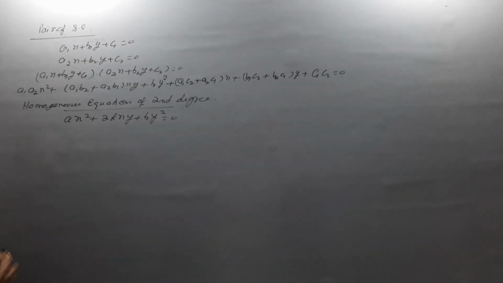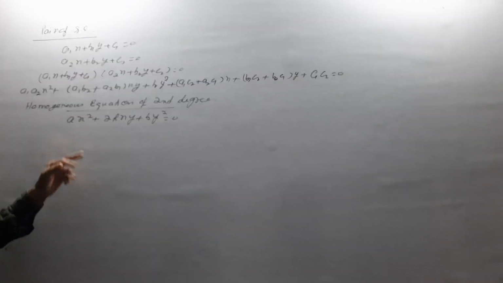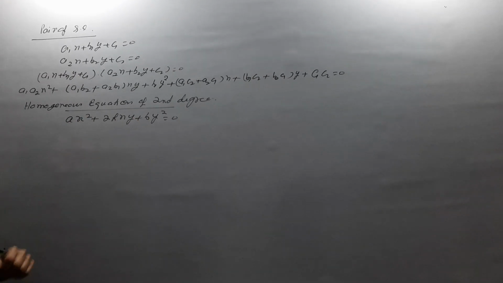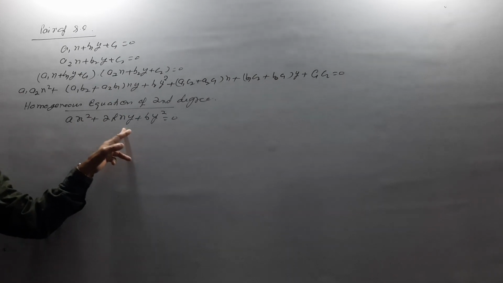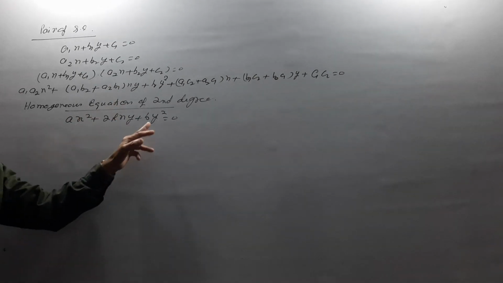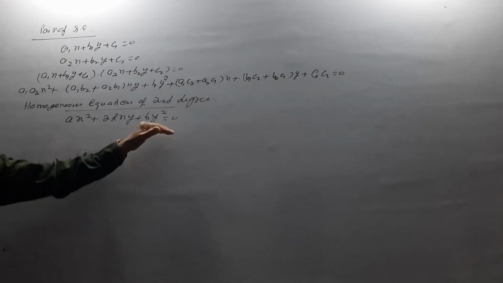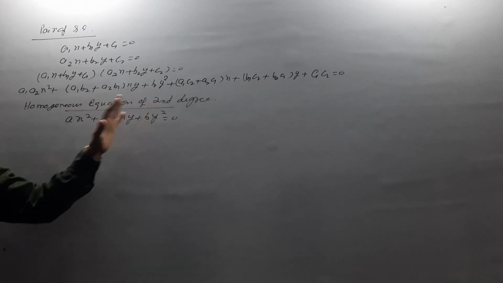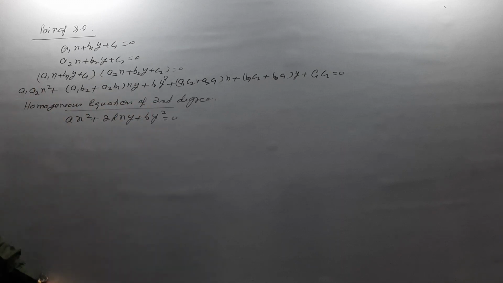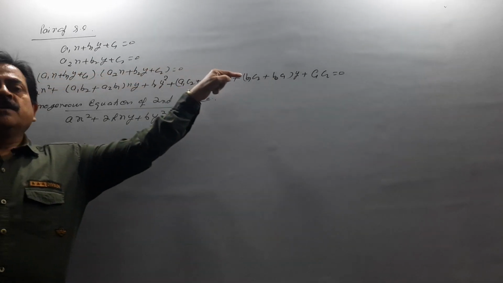This equation consists of 3 terms: first term, second term and third term. In the first term, the power of x is 2. In the second term, the power of x and y together is 2, and the power of y is 2. Since the power of variables in each term is 2, this is called a homogeneous equation of second degree. And this is the form of the general equation of second degree.